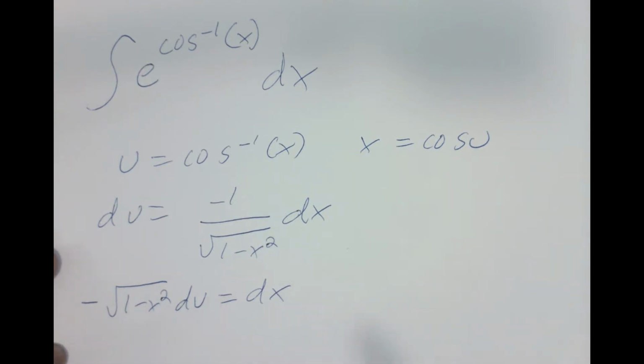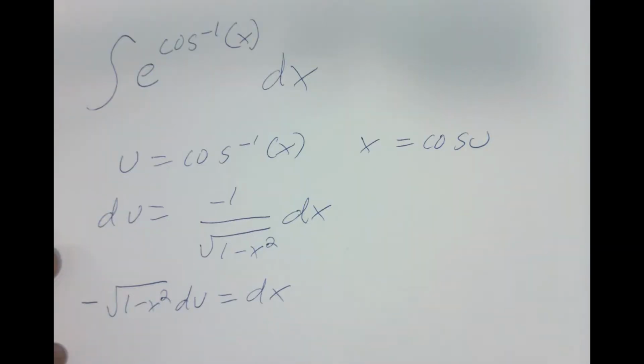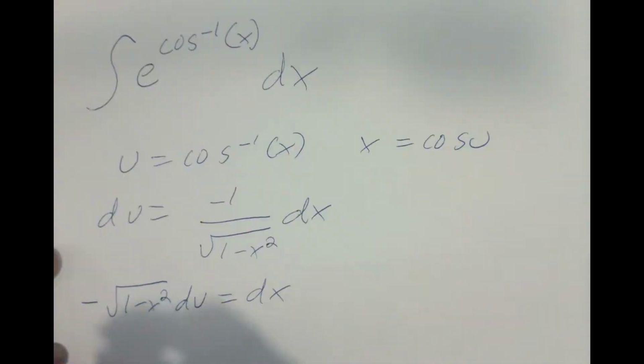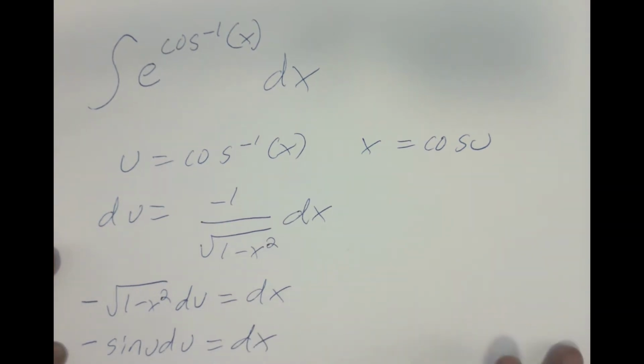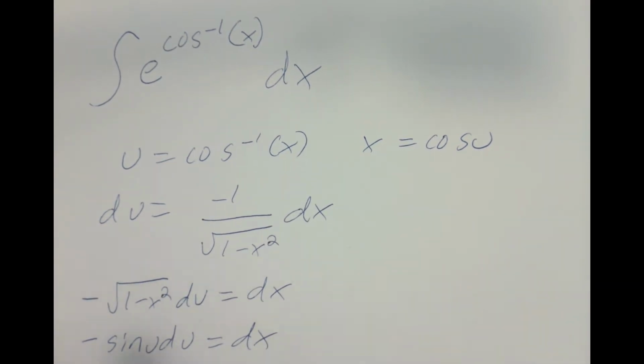And 1 minus cosine squared u is sine squared u. And the square root of sine squared u is, of course, sine u. So then this is going to become negative sine u du, and that equals dx. All right, so now we're in a position to do our substitution and figure out a mechanism for solving this guy.